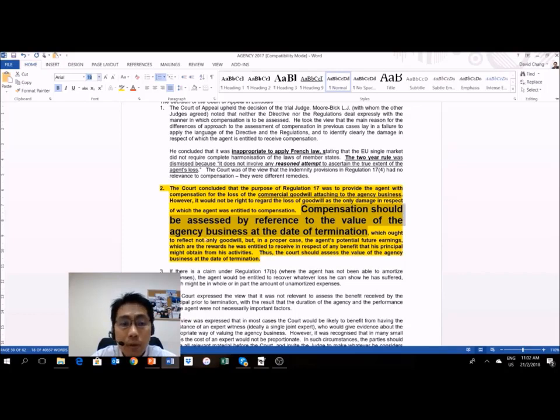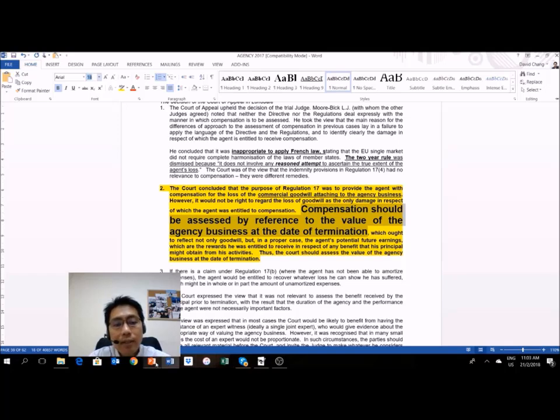This includes goodwill or any other factors for which we can rely on, based on the industry, based on the circumstances, to then ascertain the likely value of the business. In other words, if someone else were to buy over the agency business now, how much would he pay for it? What is the value of the agency? The value now is the value that we will give that commercial agent for all his past efforts.